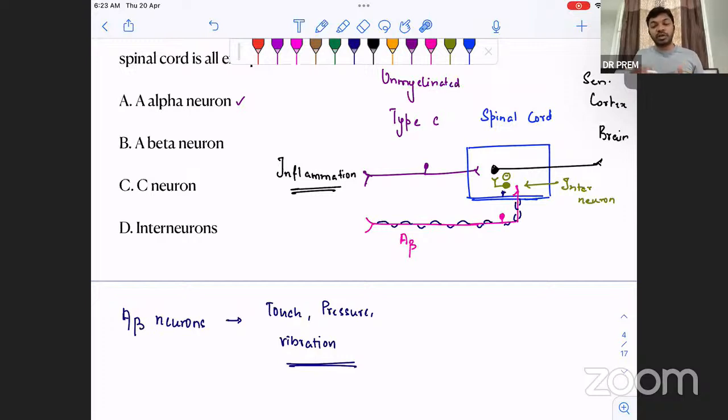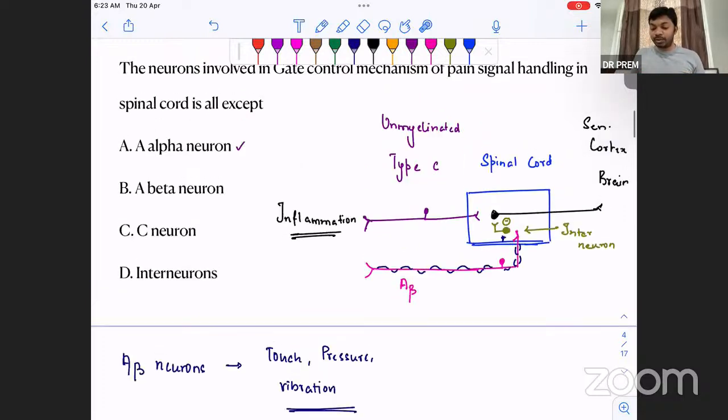So the neurons involved in gate control mechanism of pain are interneurons, you know this, and C neurons. Type C neurons are the ones actually carrying the pain sensations. And A beta neurons are the ones that block the type C neuronal conduction. So all these three neurons are actually involved in gate control mechanism except A alpha neurons.